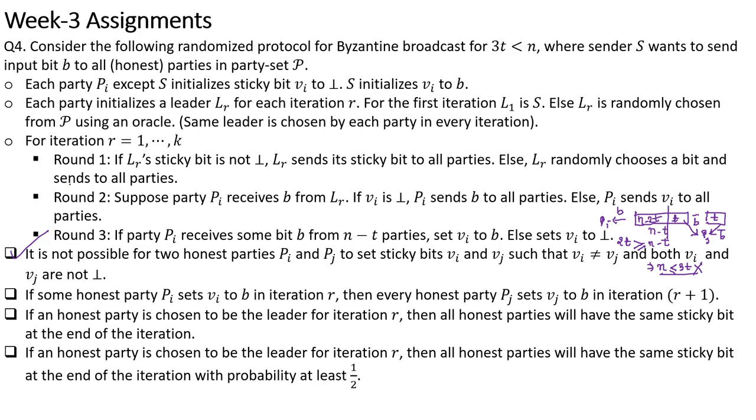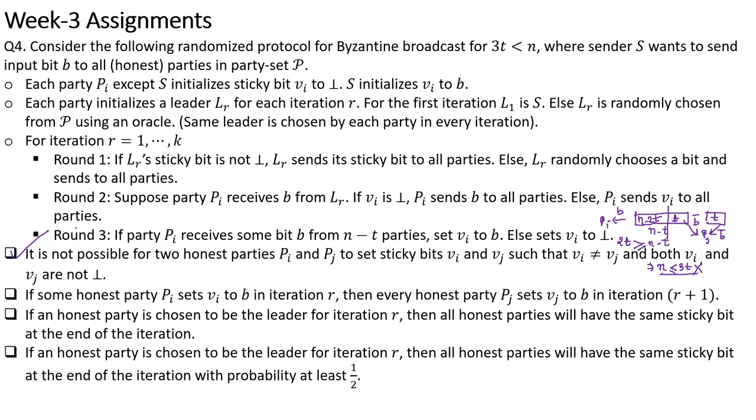The next statement says that if some honest party Pi sets Vi to B in iteration R, then every honest party Pj sets Vj to B in iteration R plus 1. Now let's see.